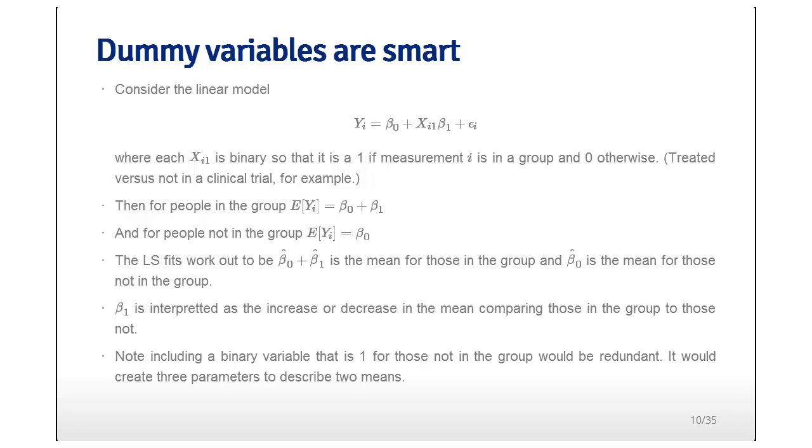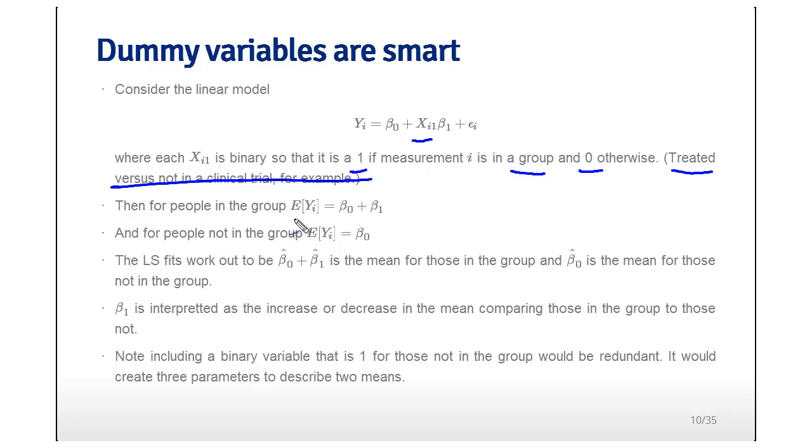That doesn't inherently seem like a regression problem, but in fact it is. So imagine our variable x is 1 if it's in a group and 0 otherwise. Treated versus not in a clinical trial is a great example.